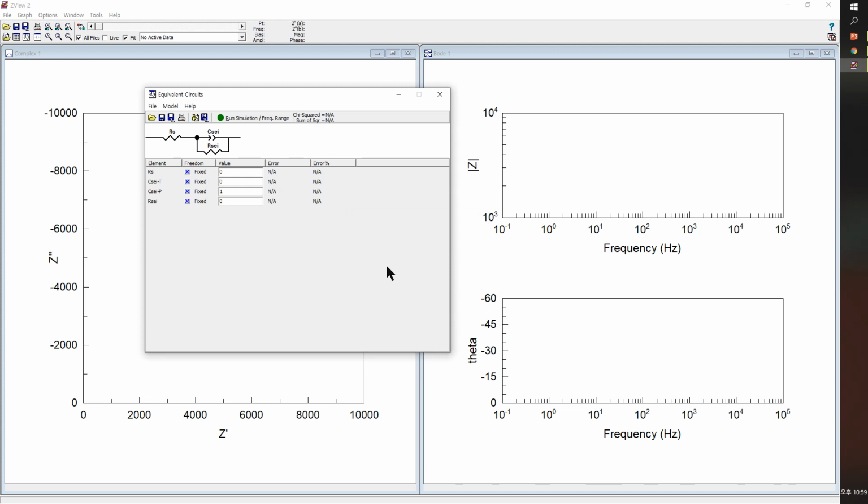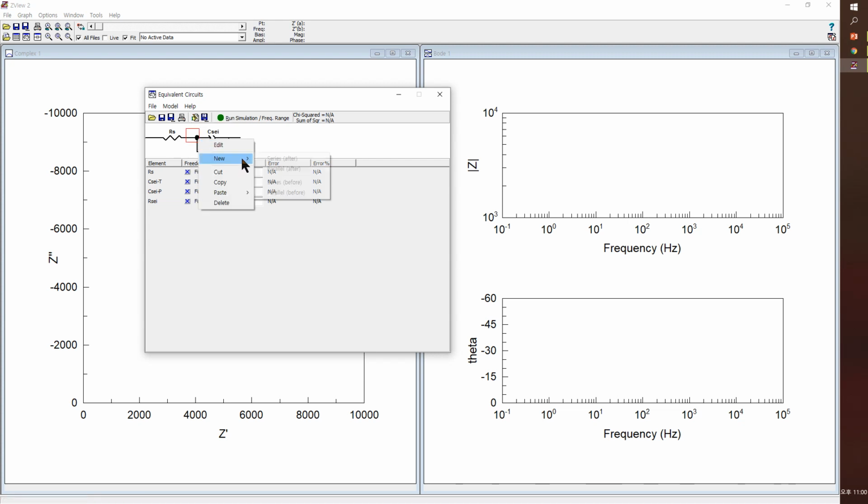And let's go to the second semicircle about the interface between the graphite and SEI layer. So when you click this dot, then you could add some element after this circle.